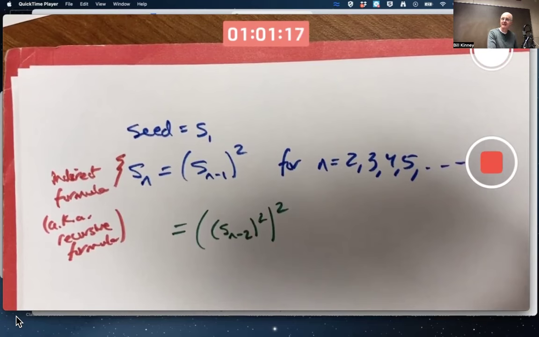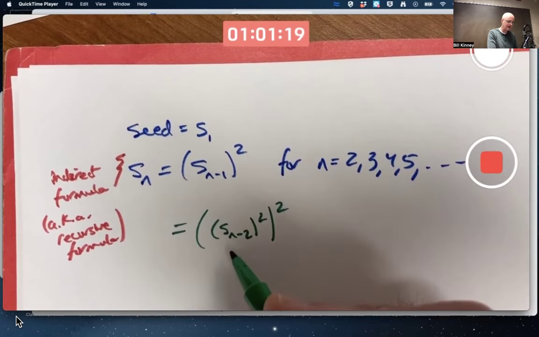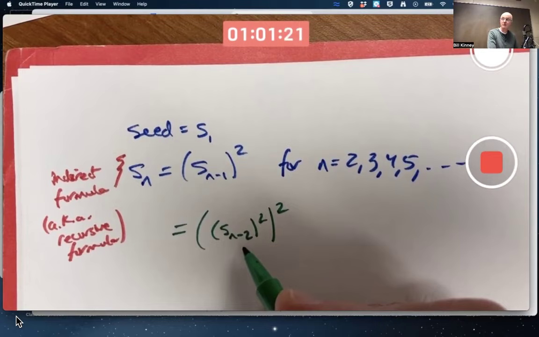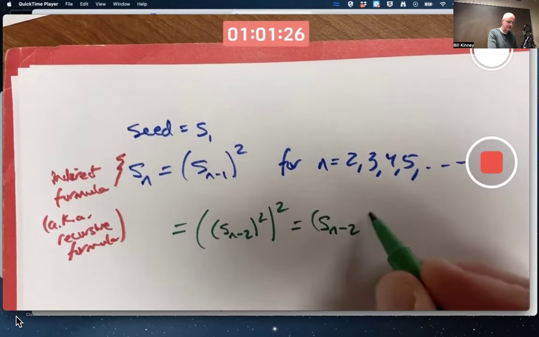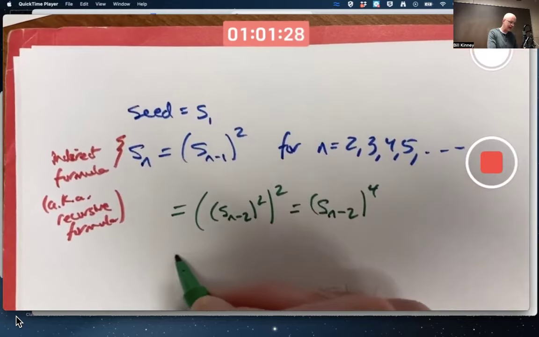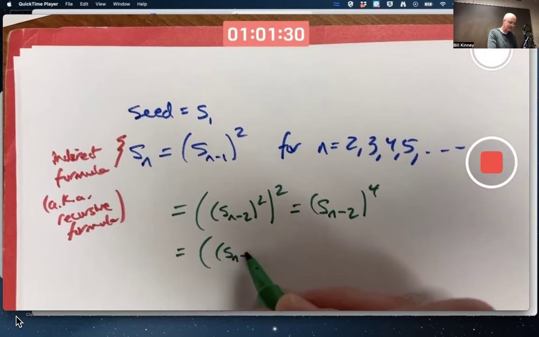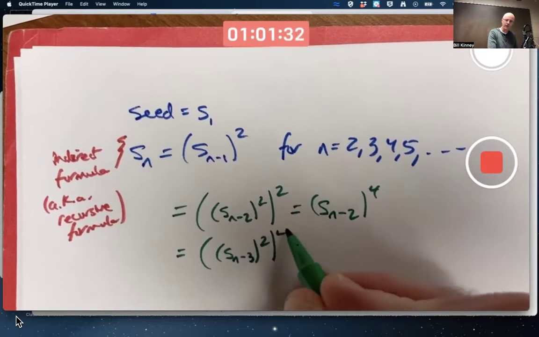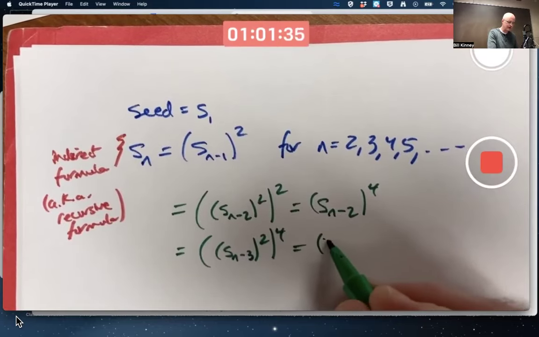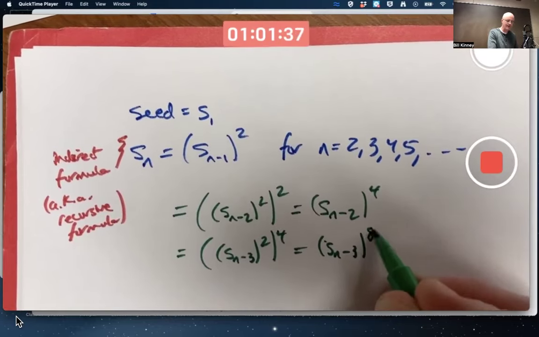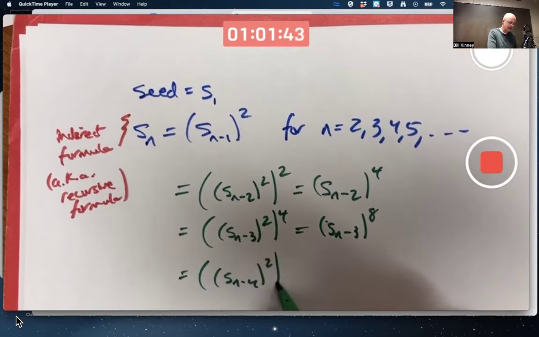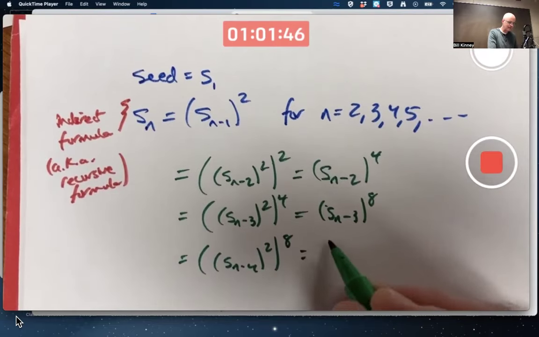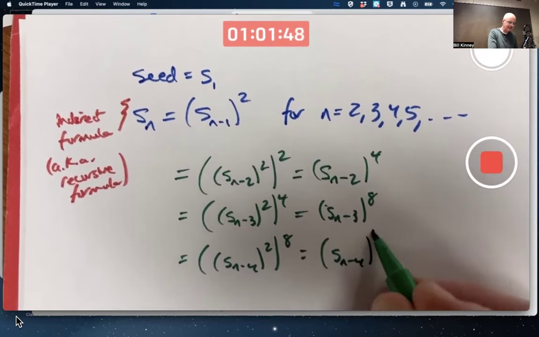If Sn is Sn minus 1 squared, then Sn minus 1 squared, the assumption is that's Sn minus 2 squared. Multiply those exponents, you get Sn minus 2 to the 4th. Do it again. That's Sn minus 3 squared to the 4th. Multiply the exponents, you get Sn minus 3 to the 8th. Do it again. That's Sn minus 4 squared to the 8th. Multiply the exponents, you get Sn minus 4 to the 16th.